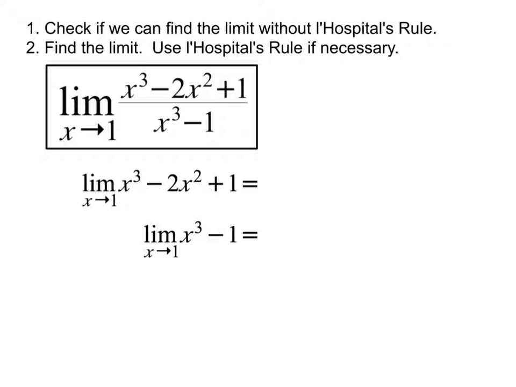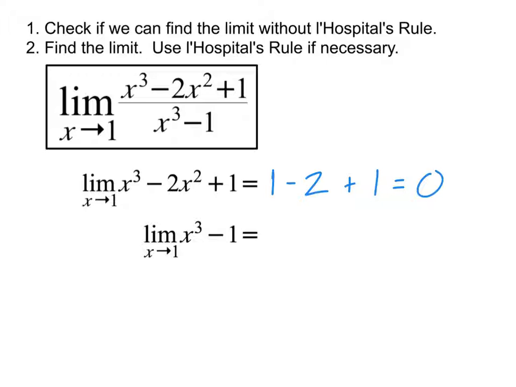In order to know if we need to use it, I find the limit of the top and the bottom individually, as each approaches 1. If I plug 1 into the top function, that gives me 1 cubed minus 2 times 1 plus 1, which equals 0.